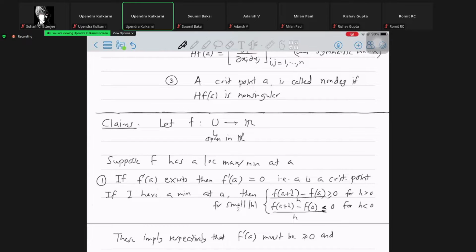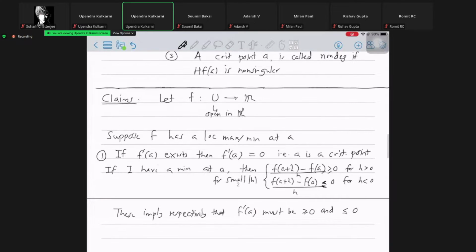Because both the numerators are greater than or equal to 0 in a sufficiently small neighborhood, just by the definition of a being a minimum. And so if I divide this inequality by a positive number, it will be preserved. If I divide it by a negative number, it will reverse. So if I now take the limit on both, then by virtue of the first one, etcetera. So this is all right.